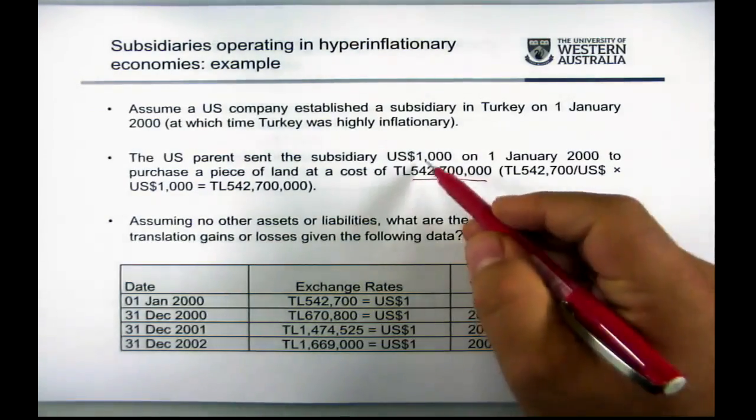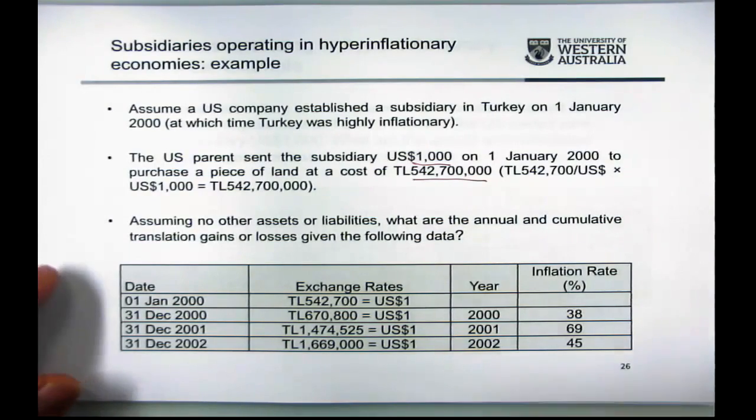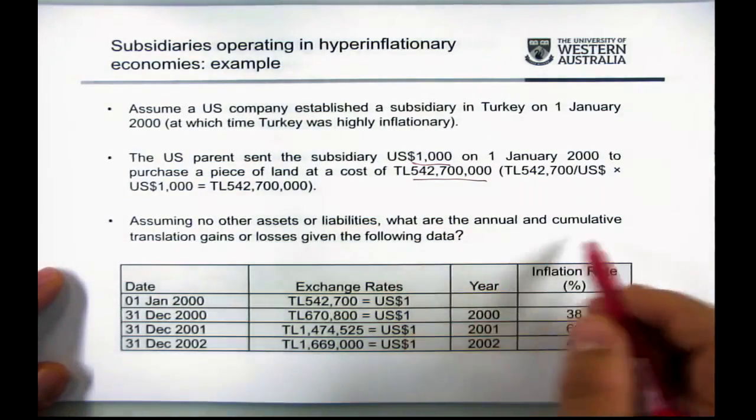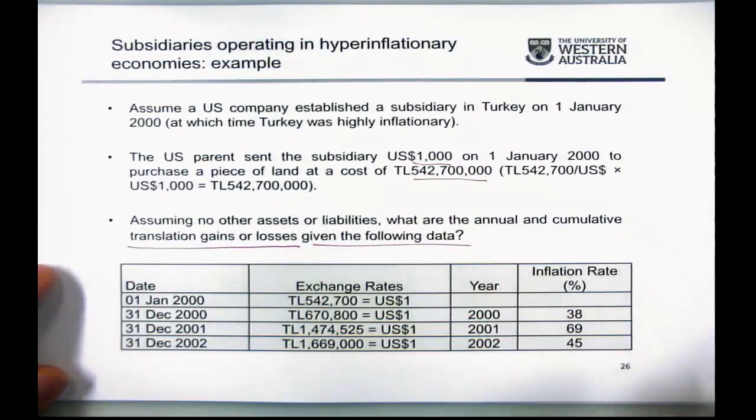That is the equivalent of $1,000, imagine. Assume no other assets or liabilities. What are the annual and cumulative translation gains or losses given the following data?